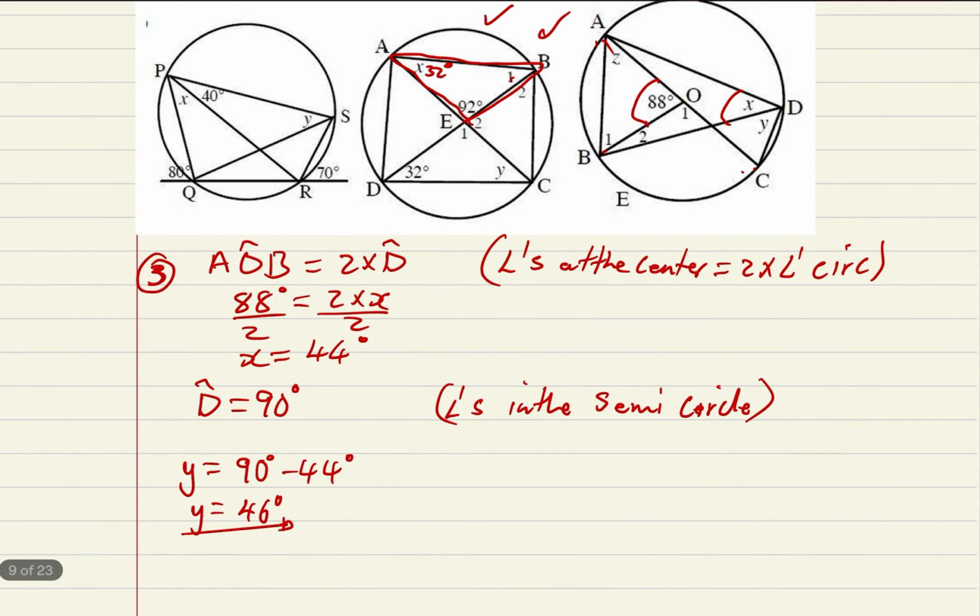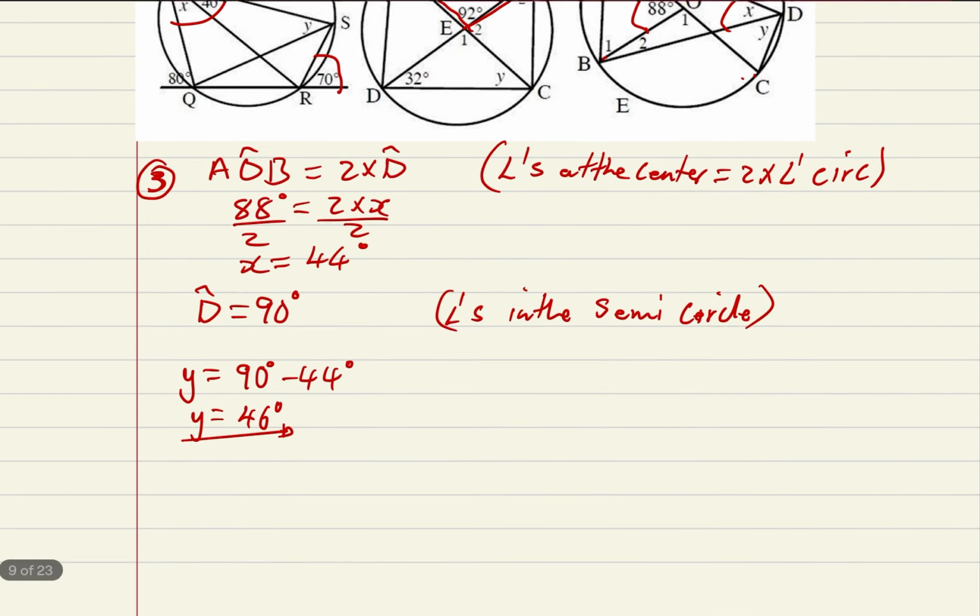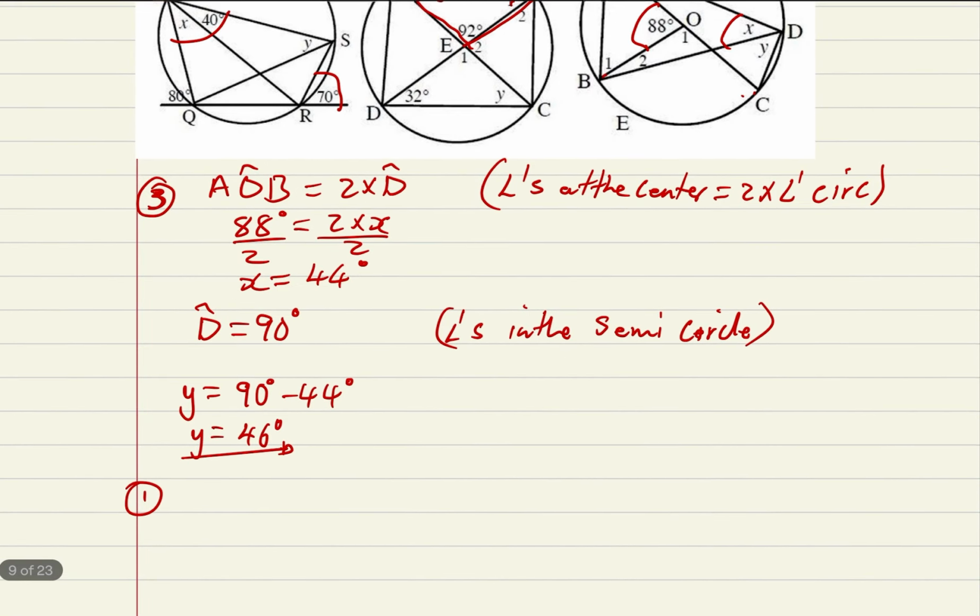Okay, and if you look at this one here, this is an exterior angle which is equal to both of those, so we can find x very quickly. We are on number 1 now. Okay, so we can say x is equal to 70 degrees minus 40 degrees.